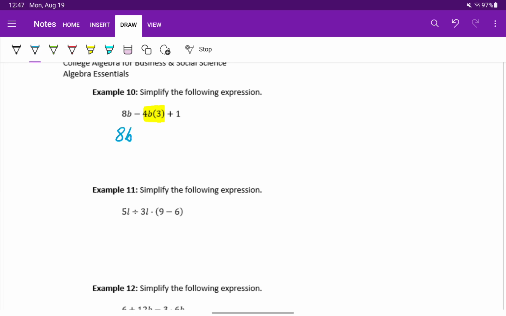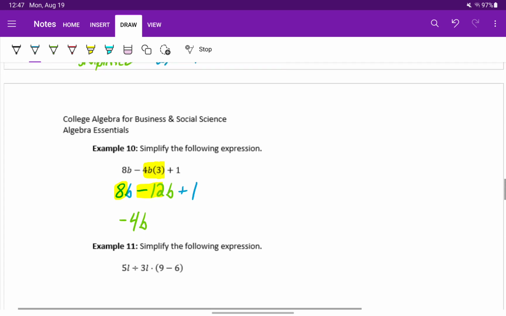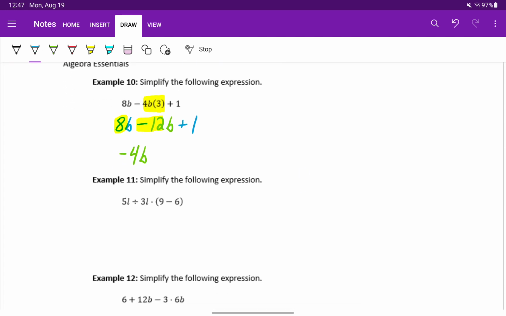So we'll rewrite this as 8b minus 4 times 3 will give us 12b plus 1. Now we can combine the coefficients on those variable terms. 8 minus 12 will give us negative 4b. And since we have no constants to add or subtract from the 1, we'll just have plus 1.